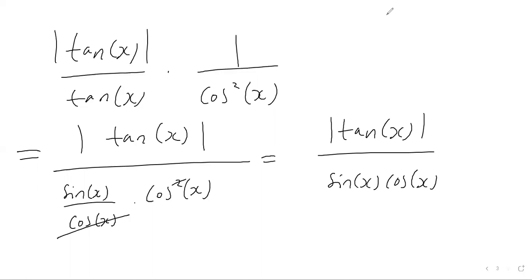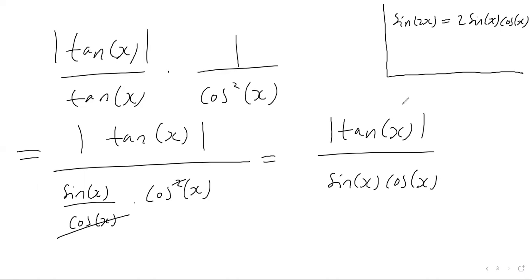Now we know from trig identities that sine of 2x is equal to 2 lots of sine of x times cos x, from the double angle identity. So this value on the bottom is just going to be a half of sine 2x.